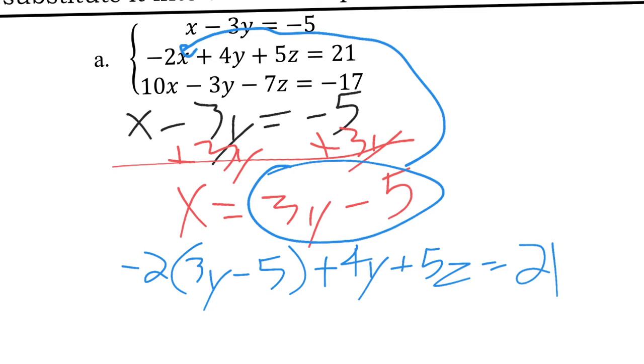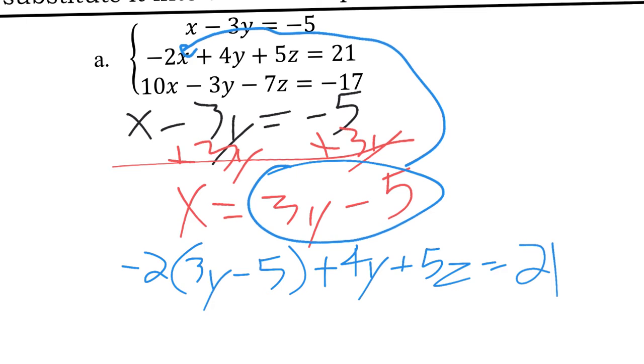Instead of writing negative 2x, I put negative 2 parentheses 3y minus 5. I subbed out the x because this equation is equal to x. So 3y minus 5 can go in place of any x we have, and you just copy the rest of the equation down. The only thing we've done is sub out the x and sub in the 3y minus 5.